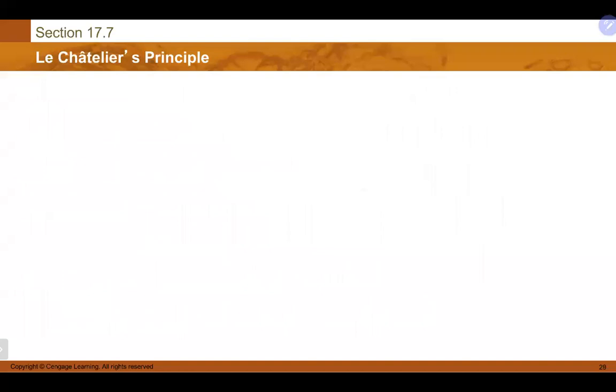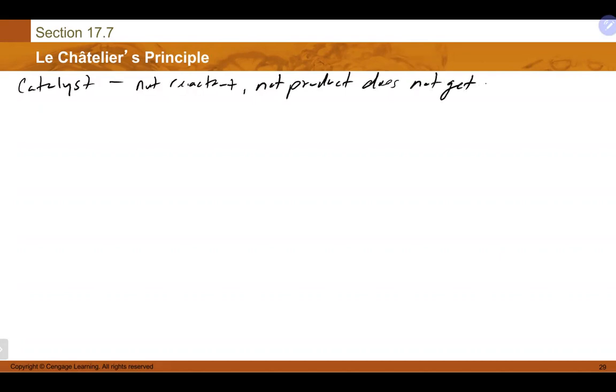Now, the last couple of things that can sort of affect it, not really, are a catalyst. A catalyst, again, is not a reactant. It's not a product, and it does not get used up in the reaction.